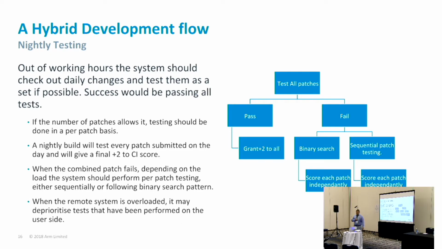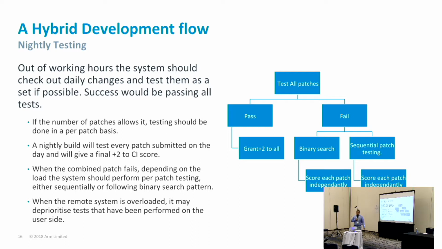So when it comes to the nightly testing, if you aggregate a lot of different patches together and they all pass, you assume that this is the intended behavior, and you also assume that when those become upstream, they will behave as expected for every single platform. So by doing so, you have managed to optimize your time requirements for testing every single patch individually.